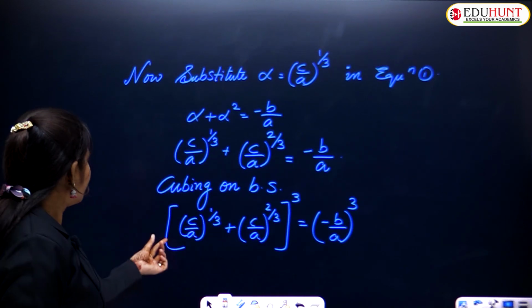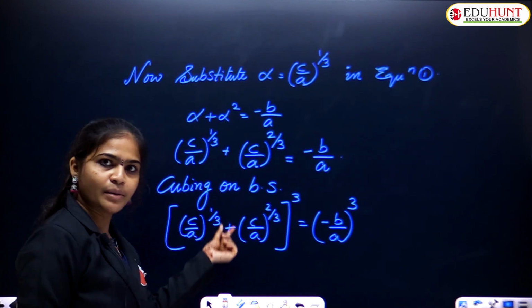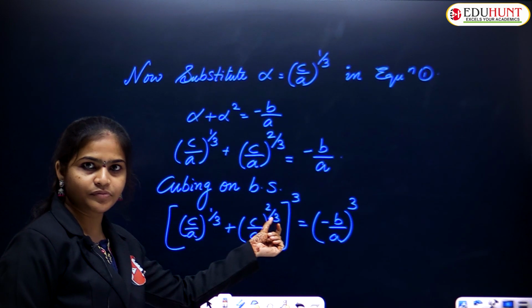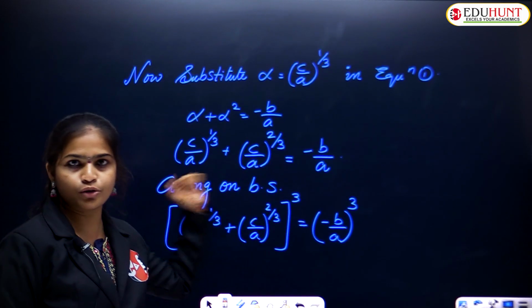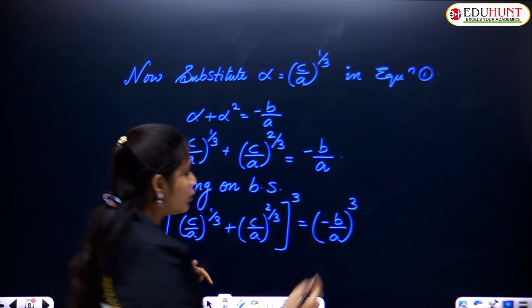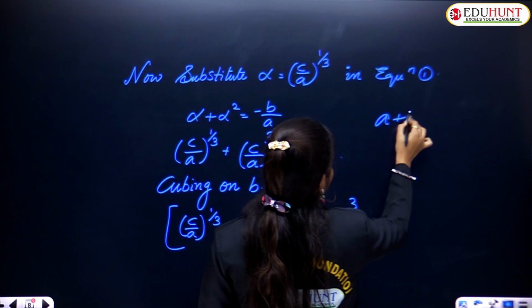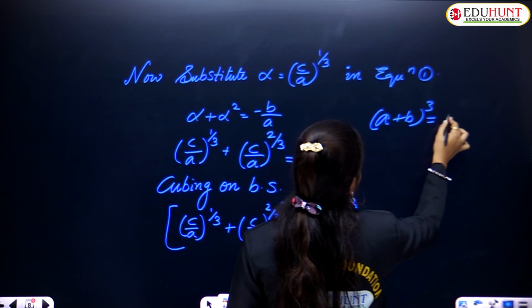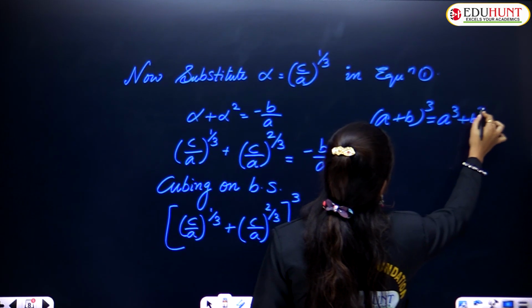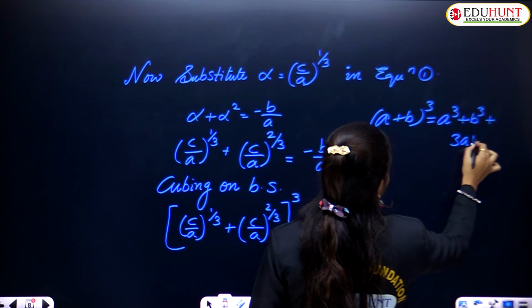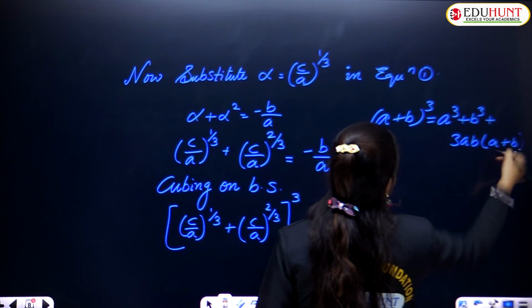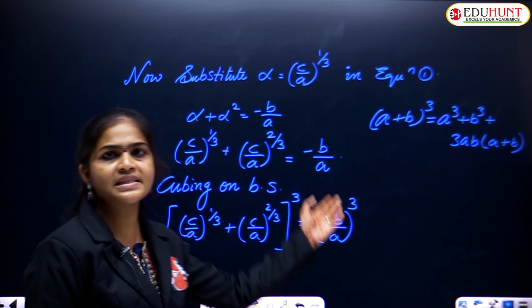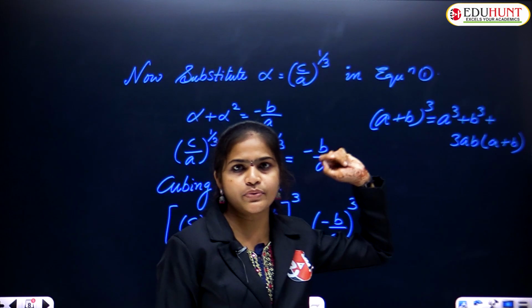Clear? Here it is x power 1 by 3 plus x power 2 by 3, which means the a plus b whole cube formula applies. What is the a plus b whole cube formula? A plus b whole cube is equal to a cube plus b cube plus 3ab into a plus b. Or else a cube plus 3ab into a plus b cube also we can write.